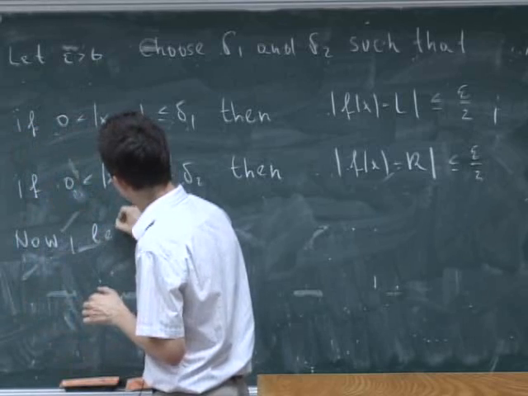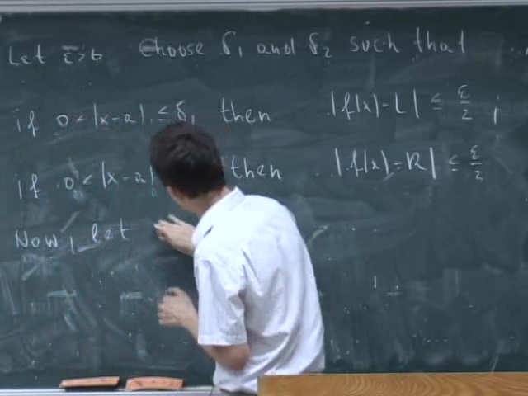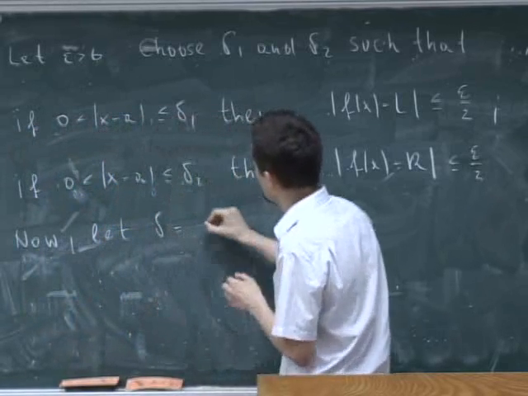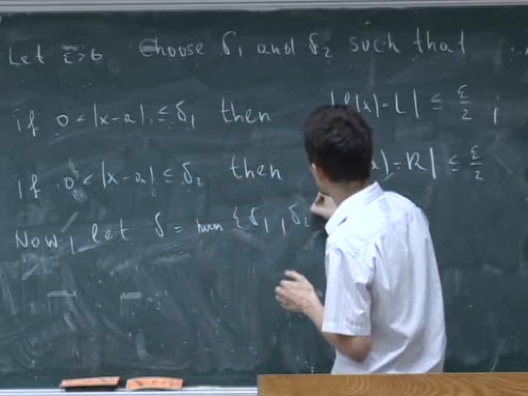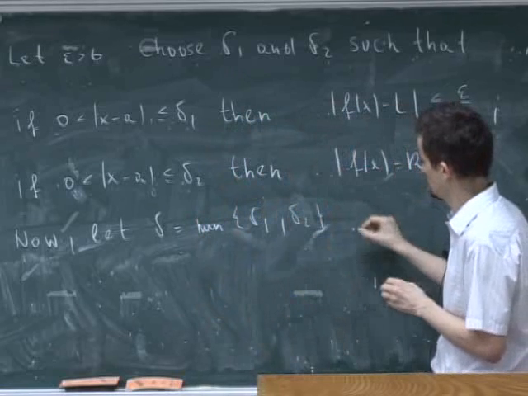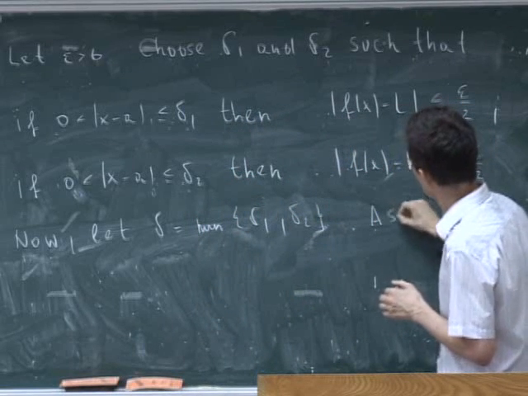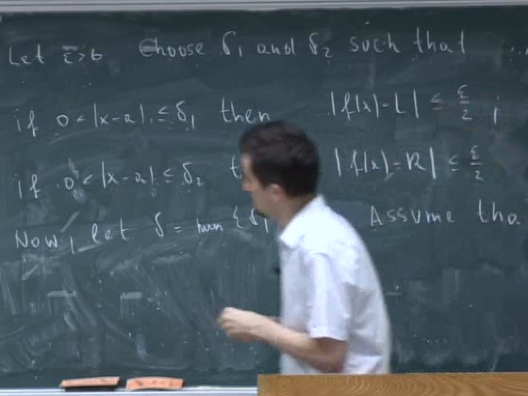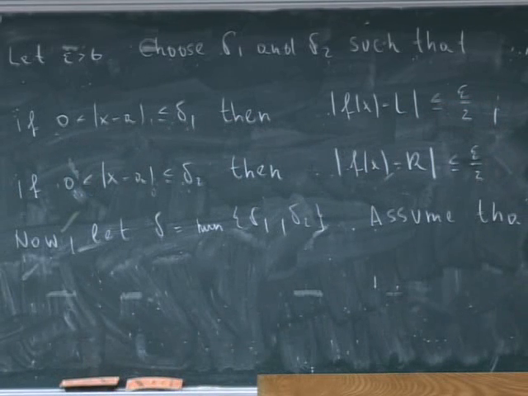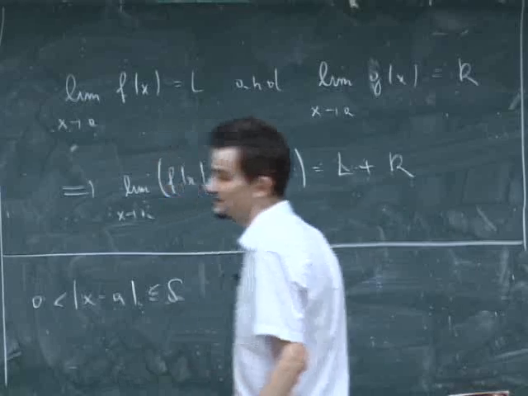Now let delta be equal to the minimum, the smaller one, of delta 1 and delta 2. Assume that the distance between x and a is larger than 0 and smaller or equal than this delta.